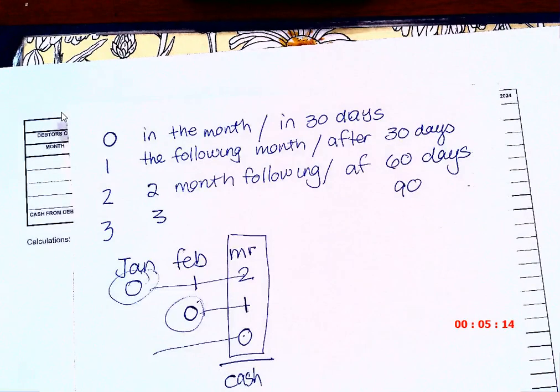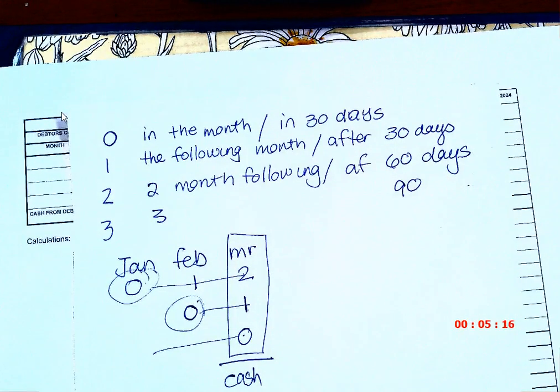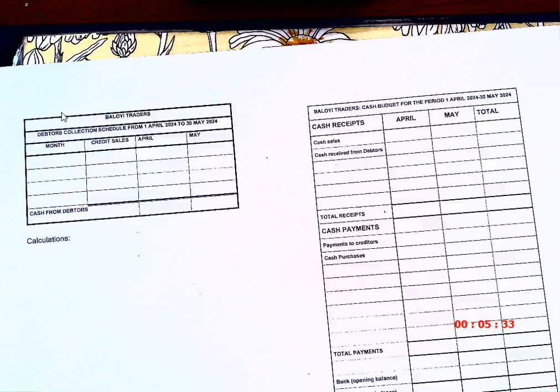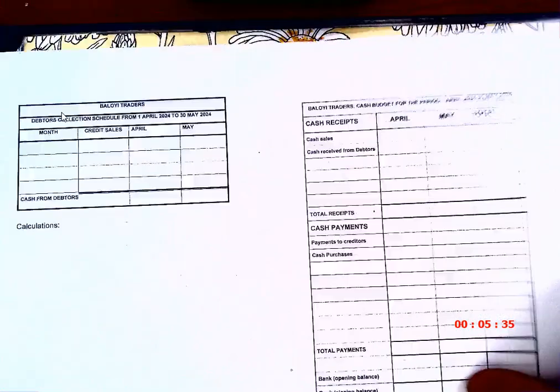And that is why I need to set up a schedule. Because it's not clear-cut like with cash sales. When the sale happened, the cash happens. With this, when the sale happened, the cash doesn't necessarily happen in the same time frame. Is everybody sure?